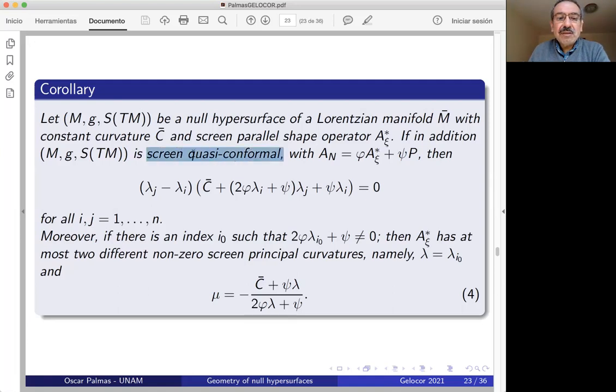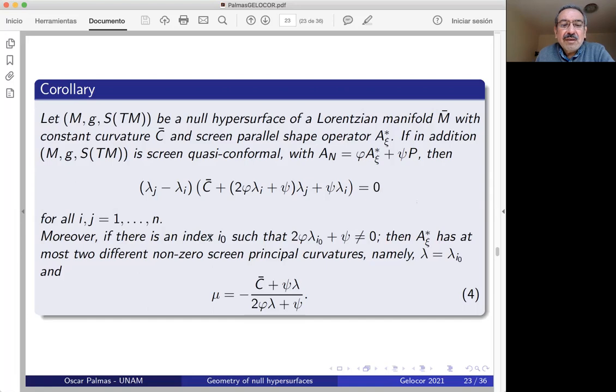Also suppose that our null hypersurface is screen quasi-conformal. So we have this relation here for these screen principal curvatures. So what happens in this case?